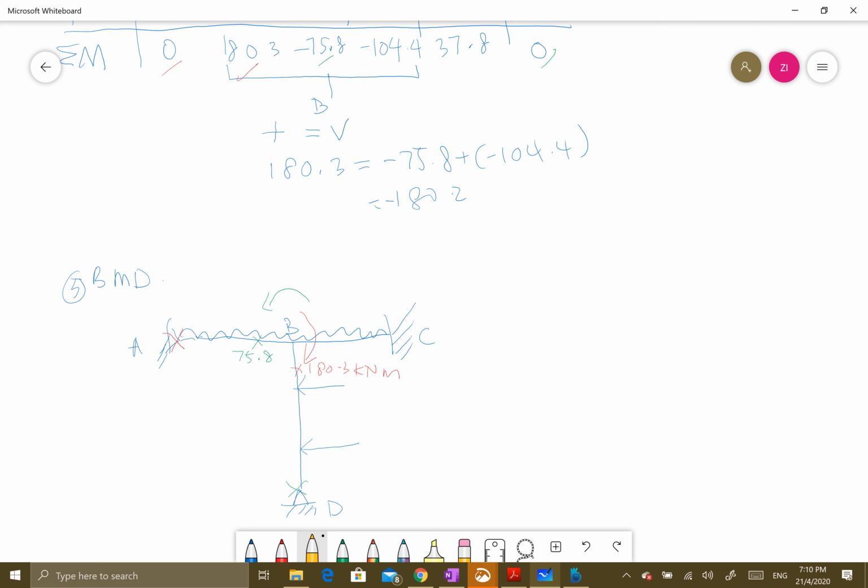And finally for BC is negative 104.4, and CB is positive 37.8. Okay, so if you plot, I'm using different colors because I'm plotting it in one frame, so I don't want to confuse you.